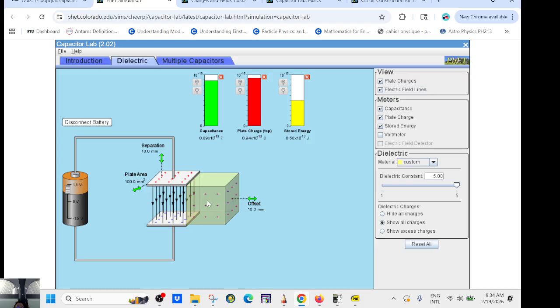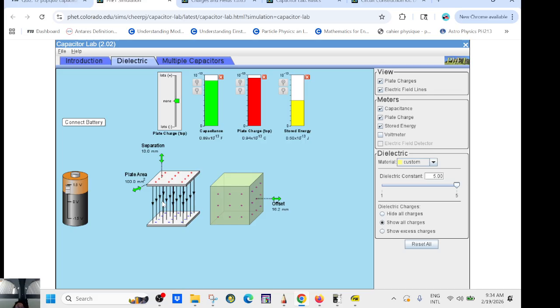If it's connected and you shove inside the dielectric, the electric field is not going to change because you are able to bring more charges, right? You're going to get more charges if you shove the dielectric here. The capacitance is increasing. So you are increasing the capacitance, you are increasing the charge, and you are increasing the stored energy.